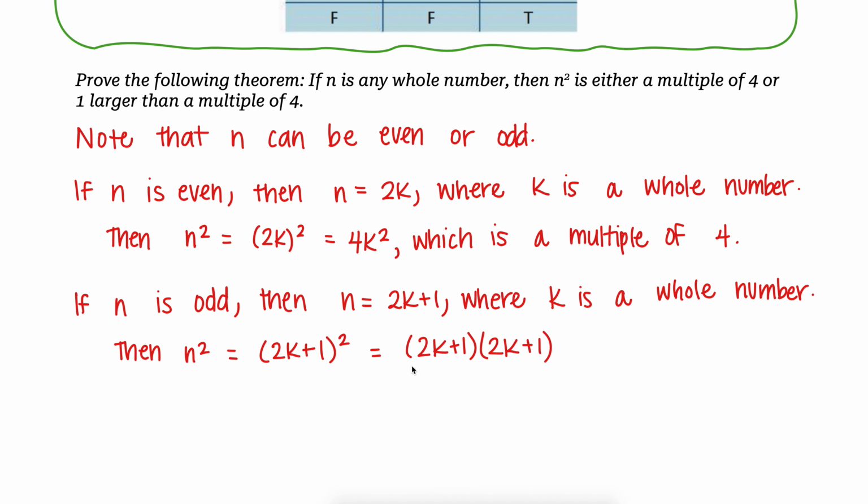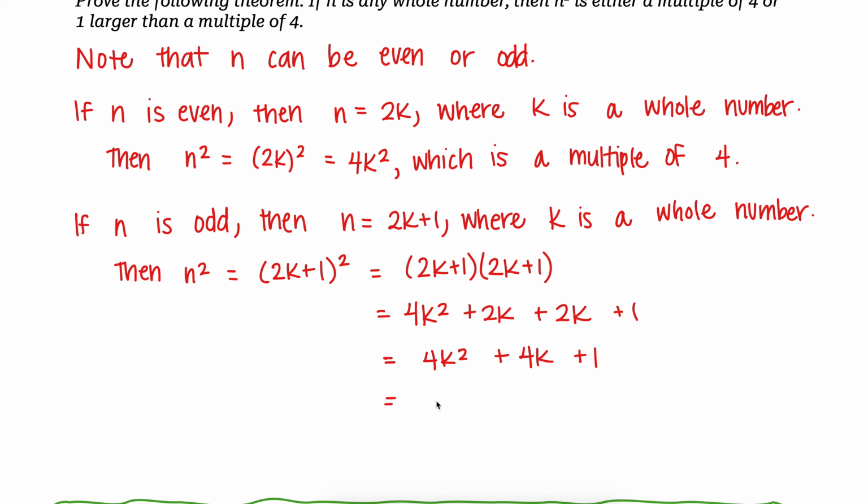So if you remember back to your algebra days, we're going to FOIL this. 2k times 2k is 4k squared. 2k times 1 is 2k. 1 times 2k is 2k. And then 1 times 1 is 1. So we have 4k squared. In the middle, we can combine to get 4k, plus 1.